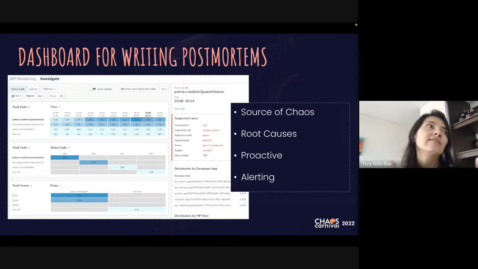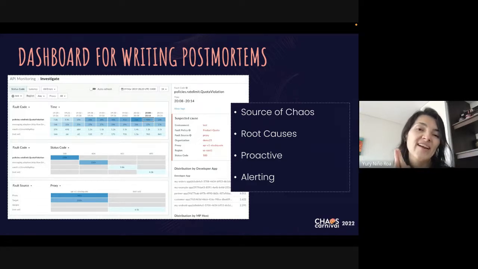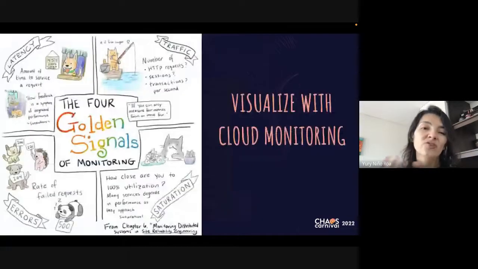In many cases, when you are writing a postmortem, it is really important to write actionables, since what happened with the infrastructure of your system. So generating alerts is common in this case.